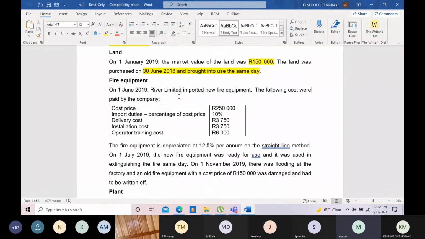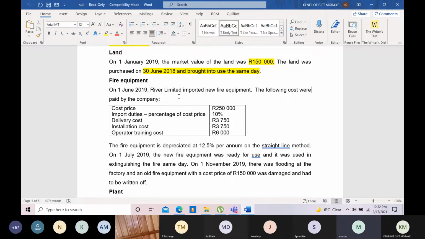The delivery cost is 3,750. Installation cost is the same amount as delivery cost. And then we have the operator training cost, which is 6,000. I said to you, operator training cost will not form part of the cost price, so we must not include it when you want to determine the new cost.